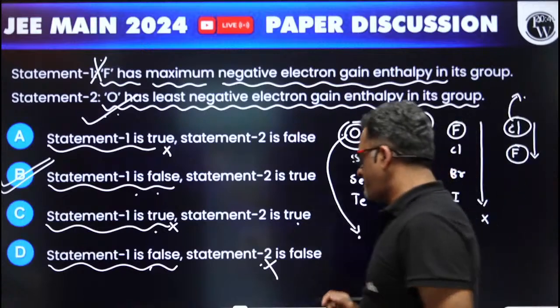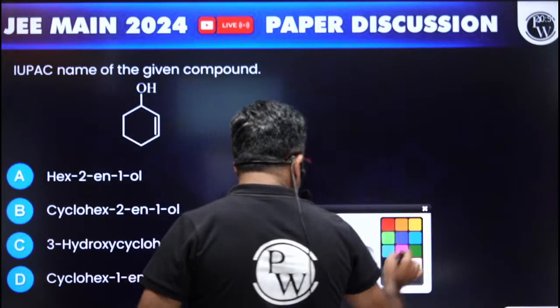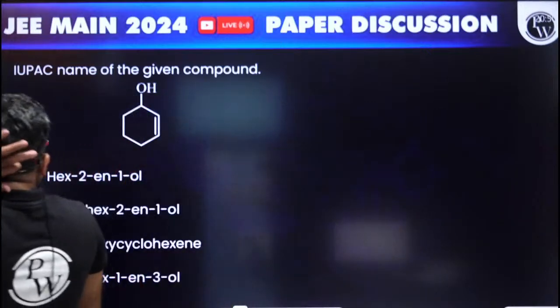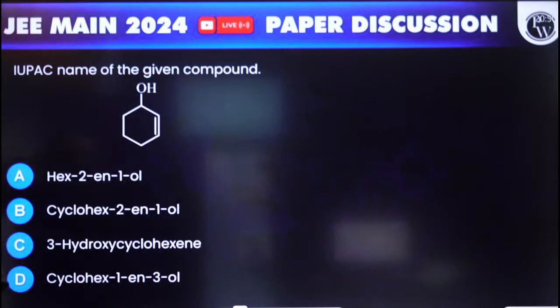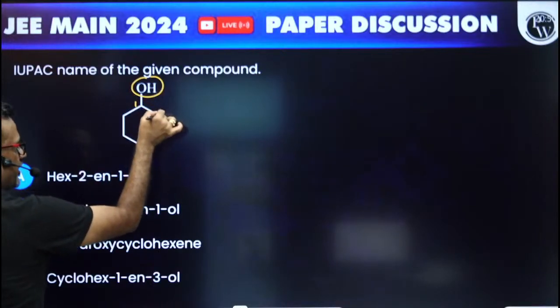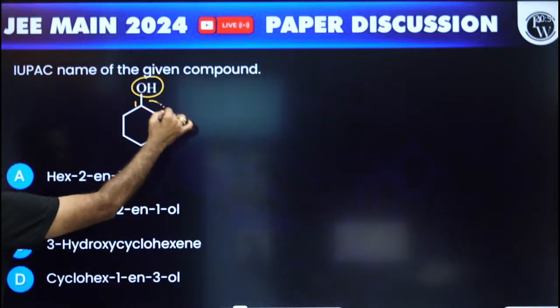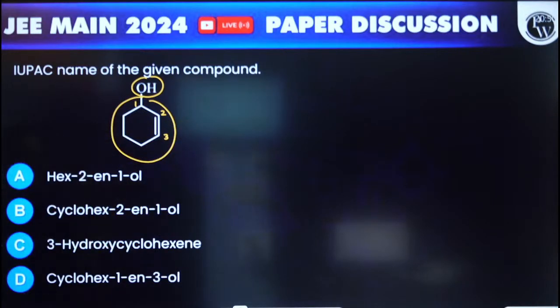Yeah. Next. Organic chemistry. For organic chemistry, the IUPAC name of the given compound, right? We have a functional group, so straight away give it 1. Go here 2 and 3. So this is cyclohexene, yes or no?